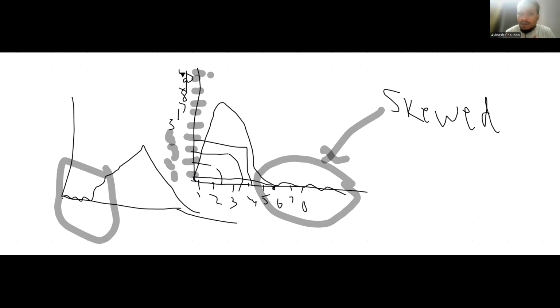So what do you mean by skewness? Skewness means the graph is bending towards something, or in simple words, it's not normal. You can say this graph is not normal because these are all my data points. If these are my data points, how is this normal? No, it's not normal.